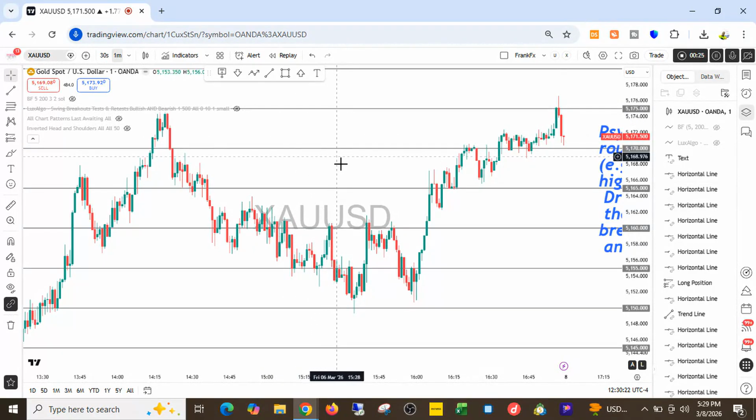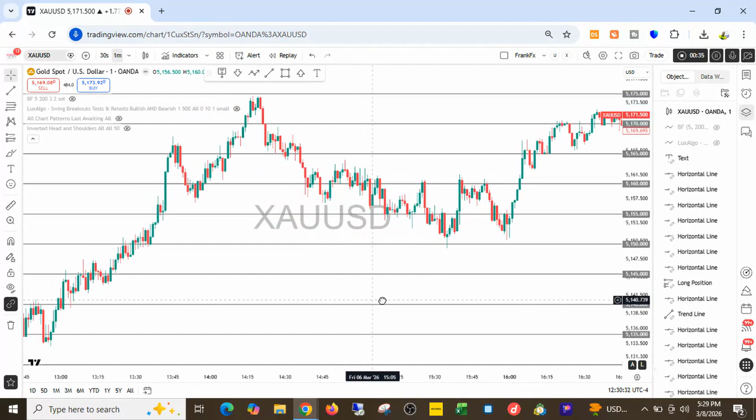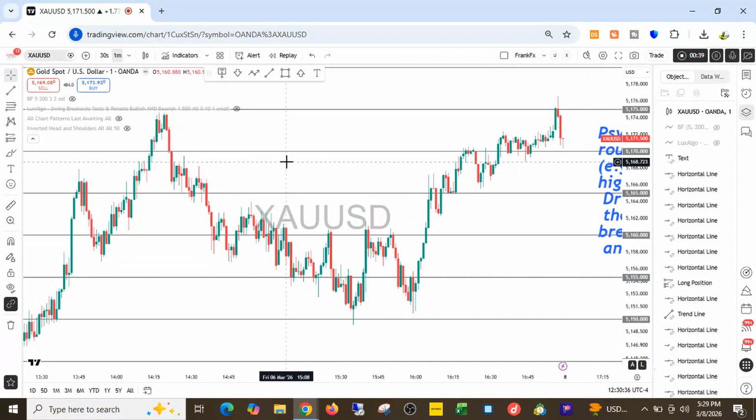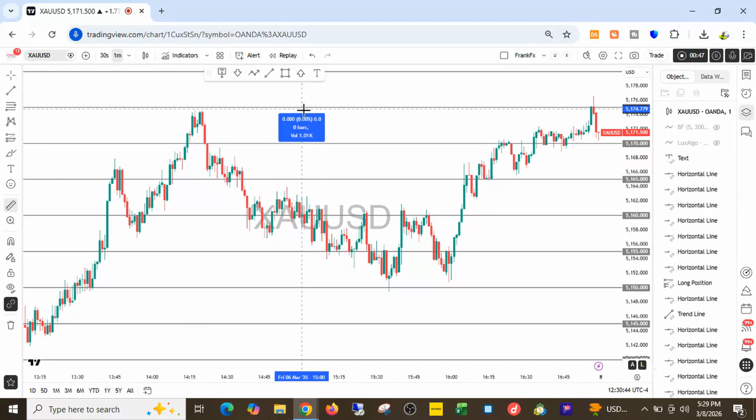This is a psychological level, and pay attention because I'm going to delete everything to show you how to do it from scratch so that you will know how to plot a good psychological level. This is a good psychological level you are seeing right now. So let me show you something here. If you mark from this point to this point, you will notice that this is 50 pips.